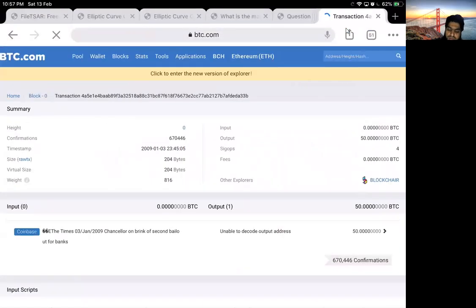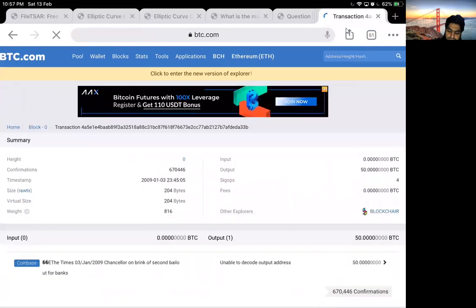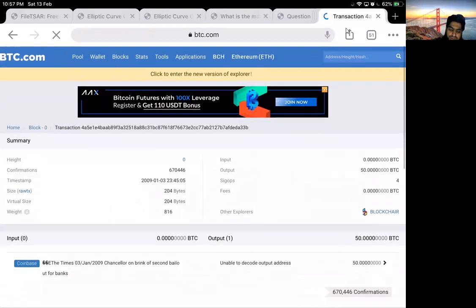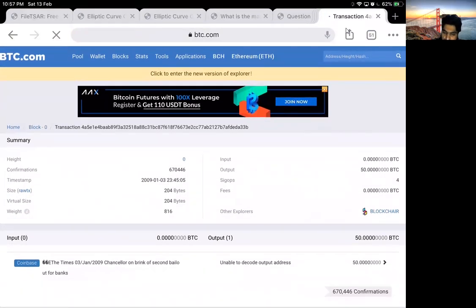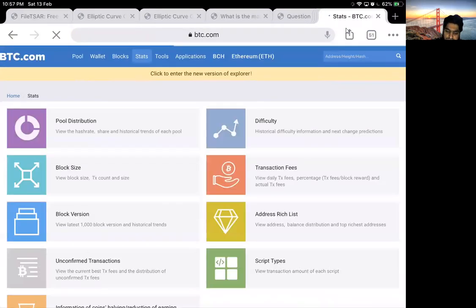This is the transaction in the 0th block. Okay, so we have seen this. You can see from the tools, difficulty we have seen.